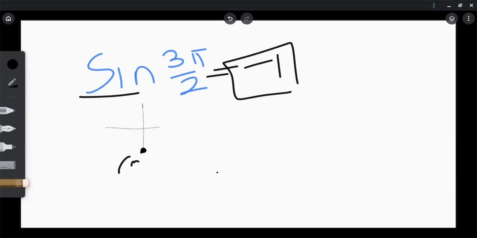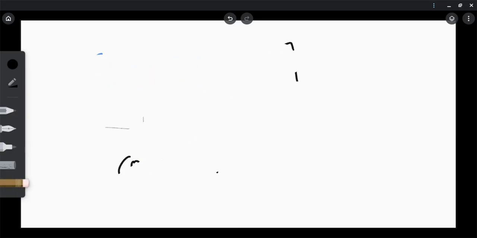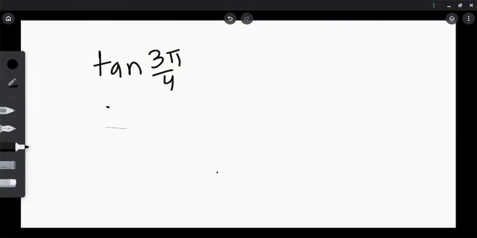Now, what if you are asked about the tangent of an angle? Tangent just means y over x. Let's say tangent of 3 pi over 4. You draw a triangle in the direction of the angle. Draw the 45 because it has a 4.